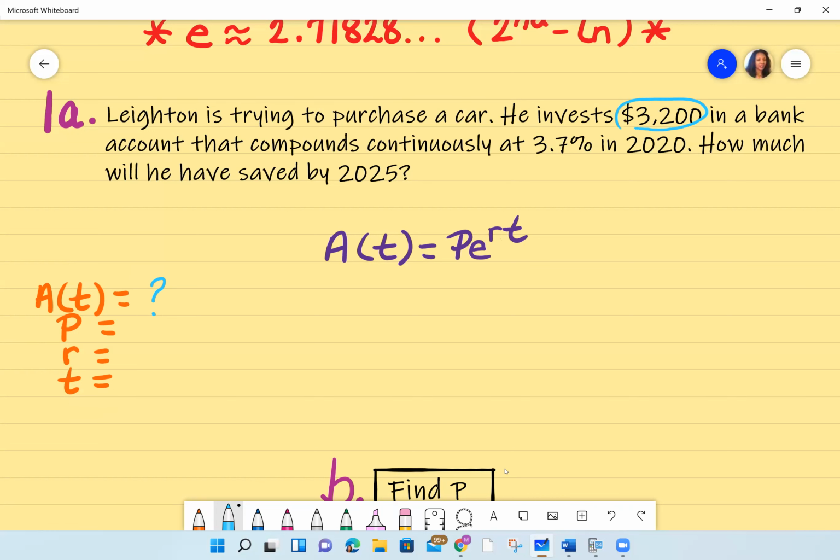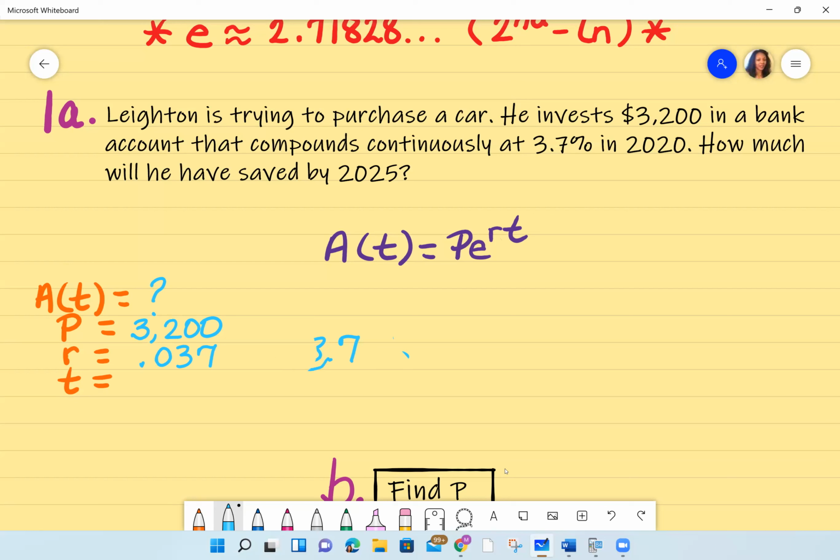I see money here. This is what he's presently investing. So that is going to be P, 3,200. The rate is shown as a percent, but I know that I have to convert that to a decimal, and that's going to be 0.037. As I've shown you before, what you do is you find your decimal and you move it to the left 2 places, and then you may have to put a 0 placeholder, get rid of the percent sign.